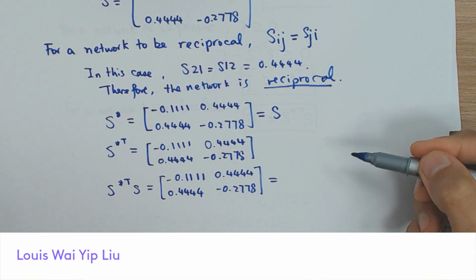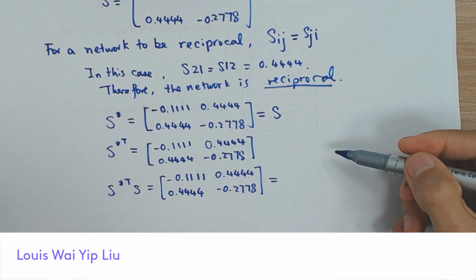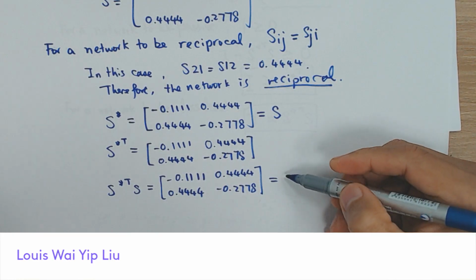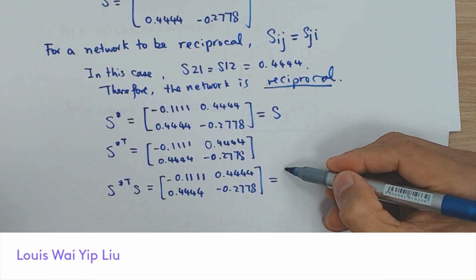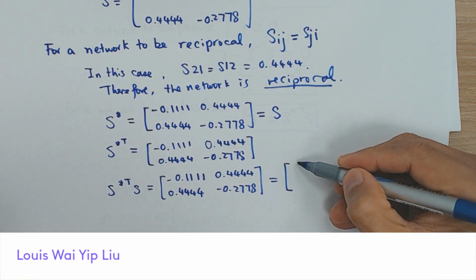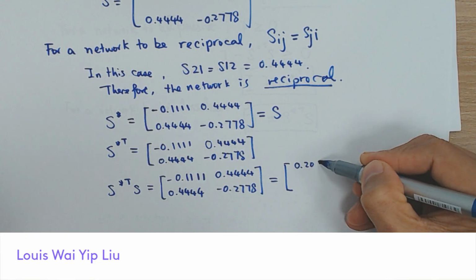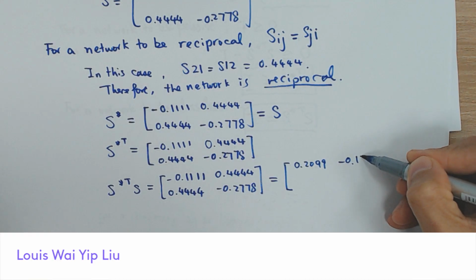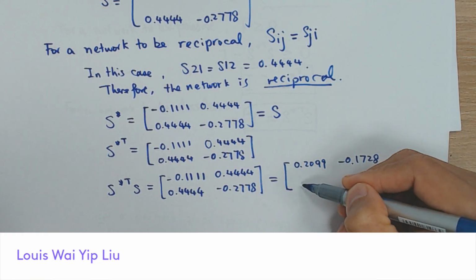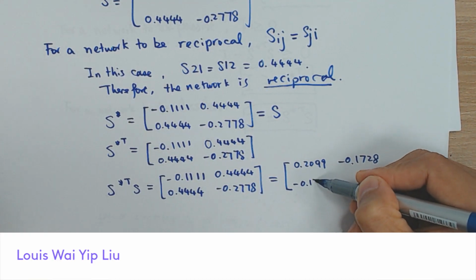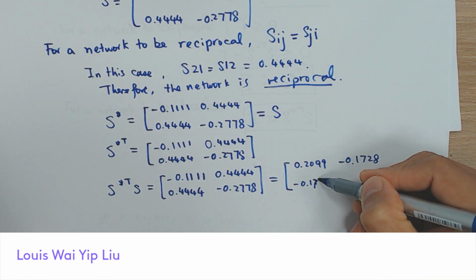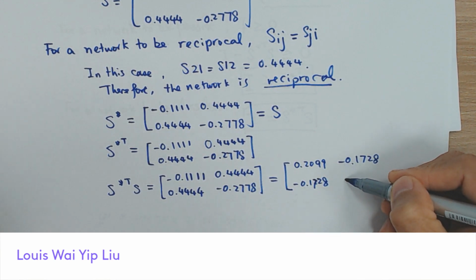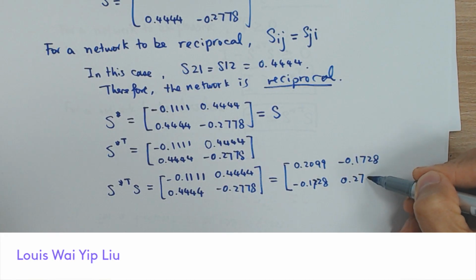If we do that carefully, and I've already calculated the values, it's 0.2099, 0.1728, 0.1728 and 0.2747.